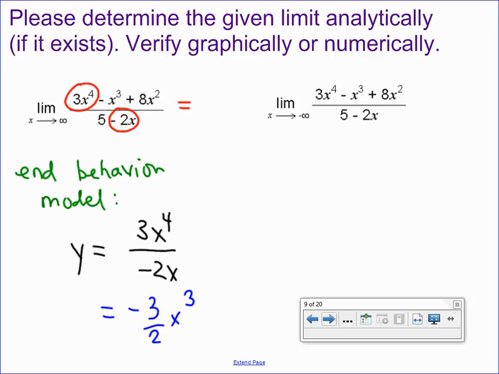As x goes to infinity, what does that expression do? Approaching negative infinity, that's the down. So we just say, good. As x goes to negative infinity, use my same model. As x goes to negative infinity, what does my expression do? Goes to positive infinity, that's my up arrow.